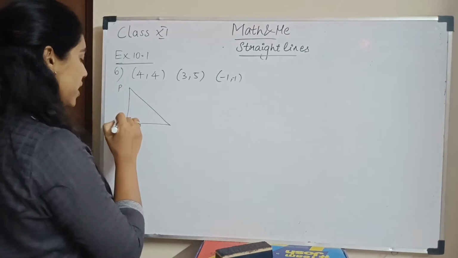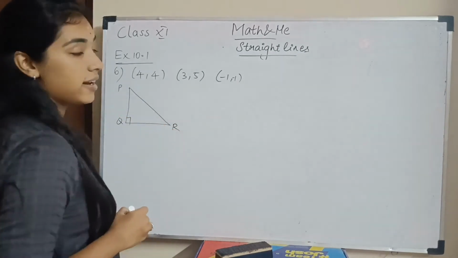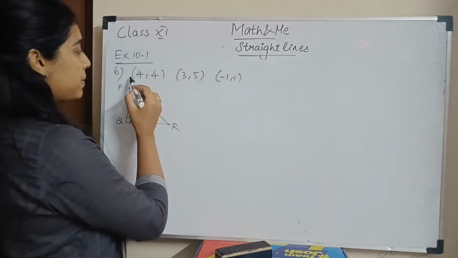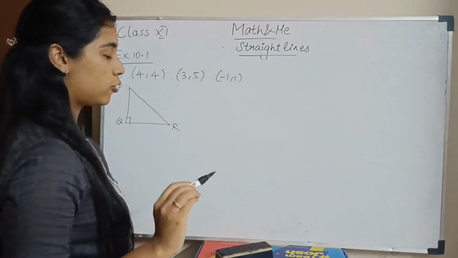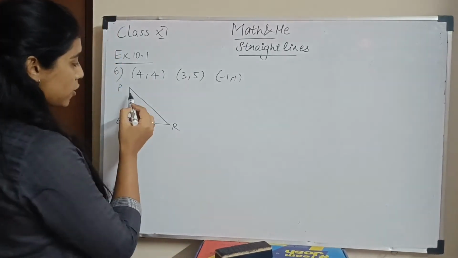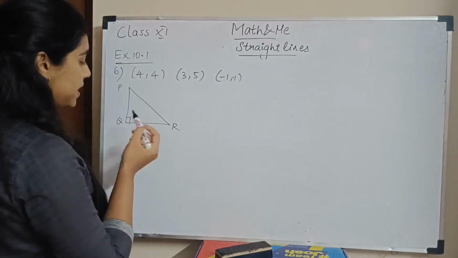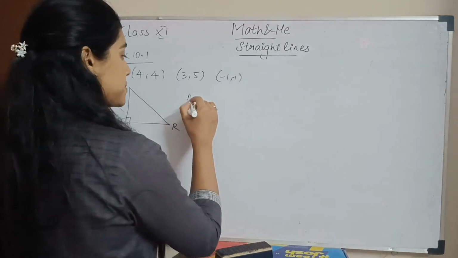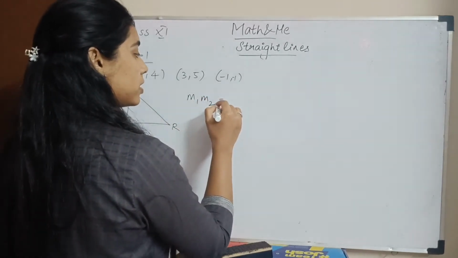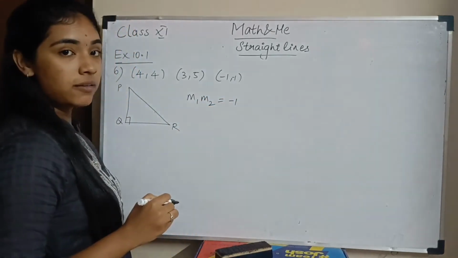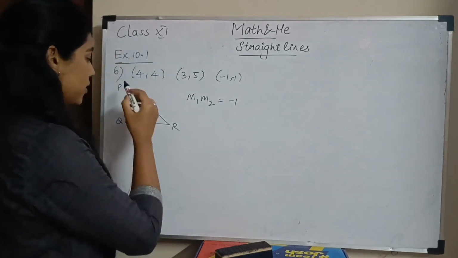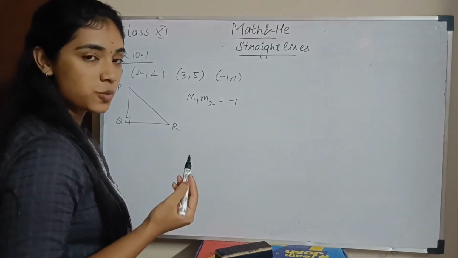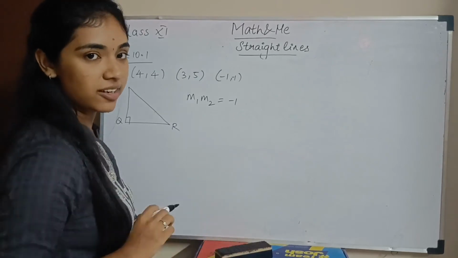For example, when you have P, Q and R, how do you approach this particular question? Anything could be P or Q or R. You do not know. So you need to find the slope of PR, PQ and QR. When you see that the product of slopes is -1, then you can say that two sides of the triangle are perpendicular. So which means that the triangle is a right triangle, right?